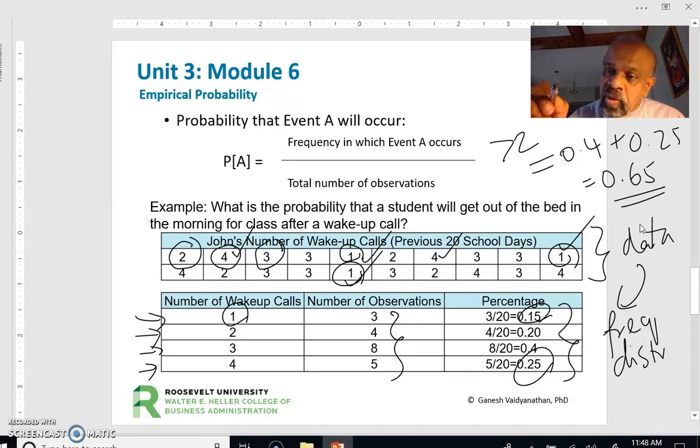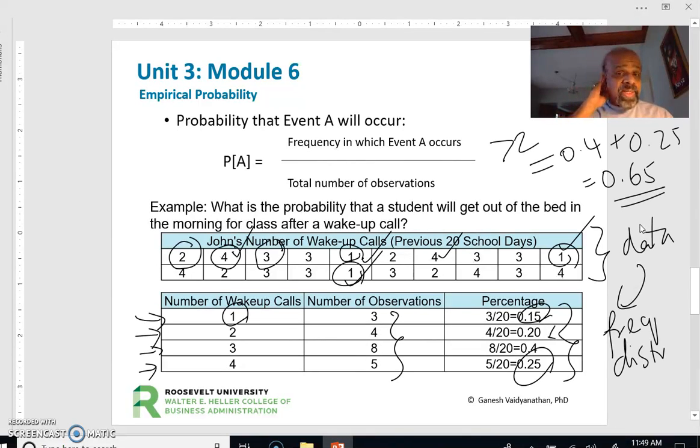So 65% of the time, there is a possibility that John will wake up after 2 wake-up calls. If I add this 20% to that, there's a probability of 85% that John would wake up after just 1 wake-up call. So you can find the empirical probability in all these kinds of things very easily.